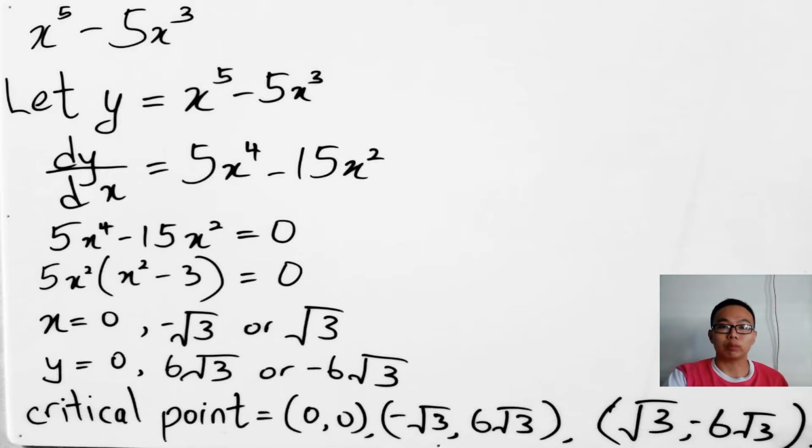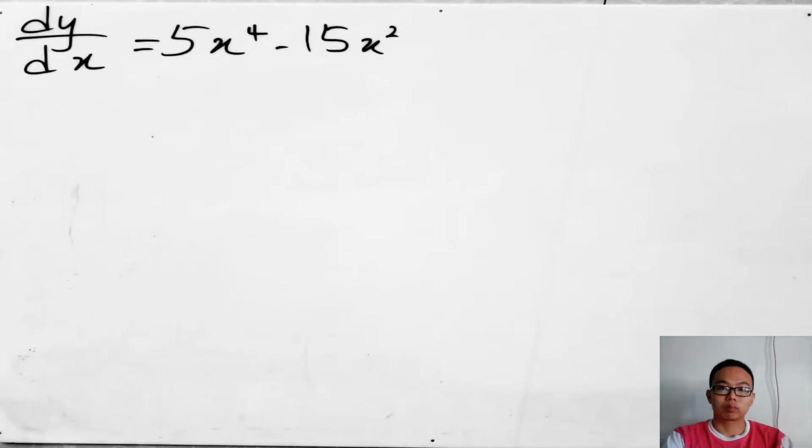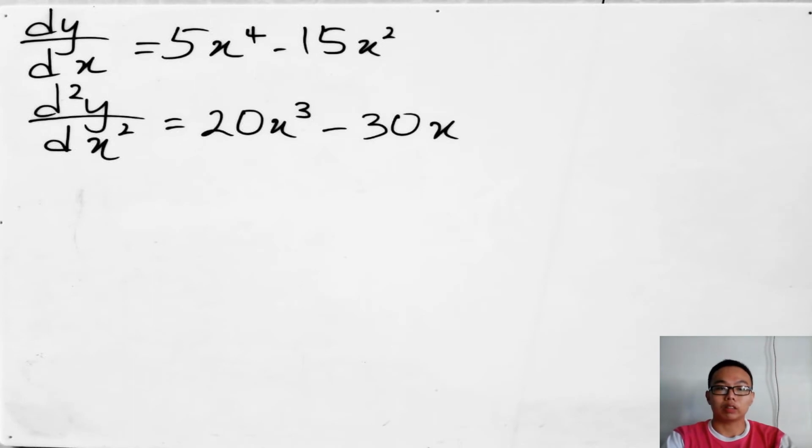So for the second step, we need to identify all the inflection points. For this, we need the second derivative to find the inflection point. So this is dy/dx from the previous slide, and this is the second derivative of the dy/dx.